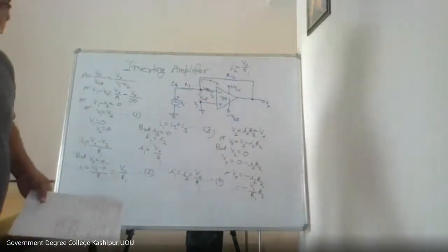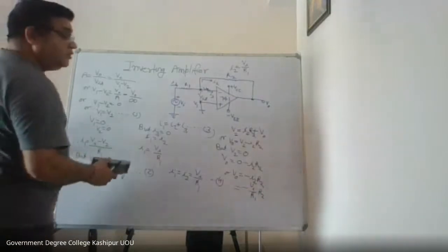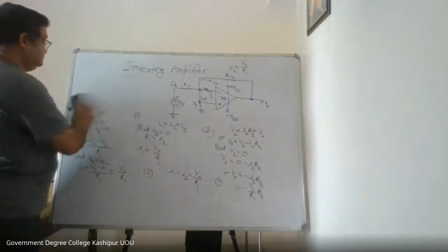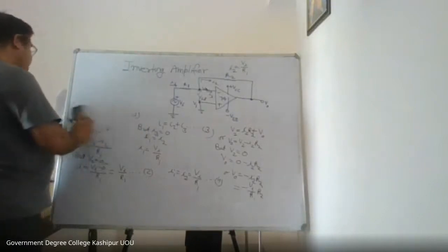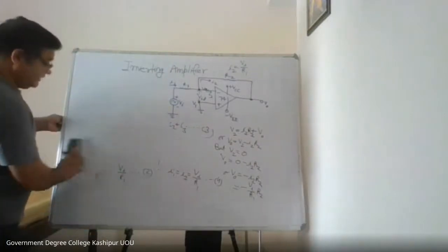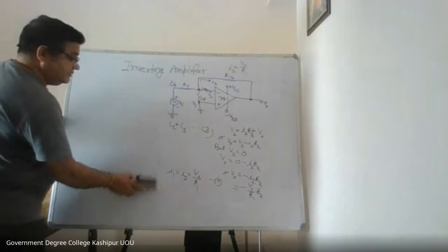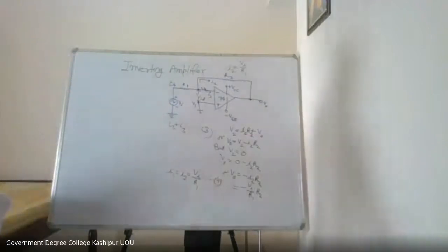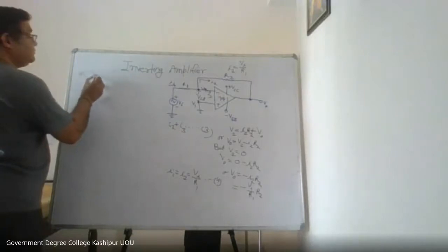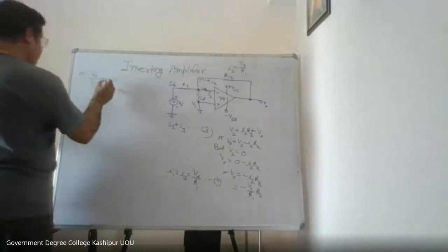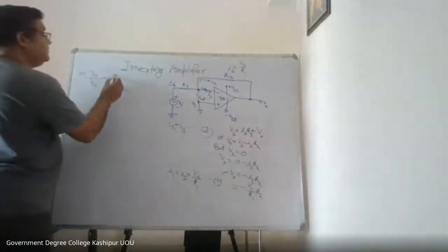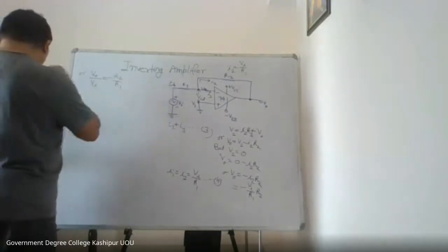Or we can find out VO upon Vi. That will be the closed loop gain of the inverting operational amplifier. Now, VO upon Vi will be equal to minus R2 upon R1.